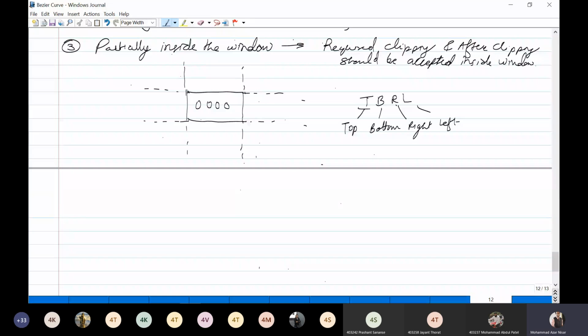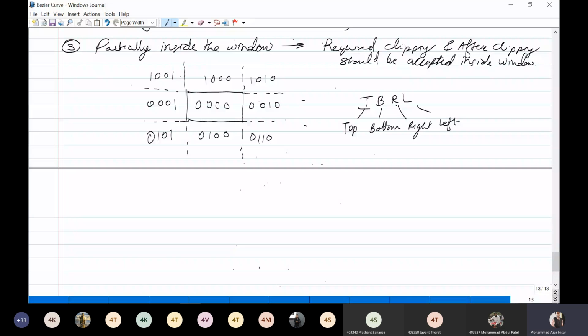So this will be TBRL: top 1000, bottom 0100, right 0010, left 0001, and the corners like 0101, 0110. Okay, so in the problem, they can ask you which lines will be there and which will be rejected.